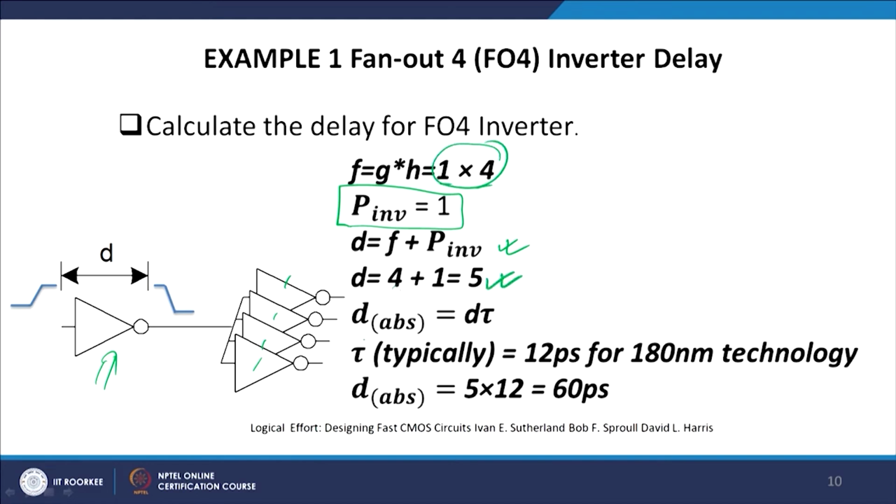D absolute is equal to D into tau, typically as I discussed 12 picoseconds for 180 nanometer. So D absolute is 5 into 12, which is 60 picoseconds. So if I have a single transistor driving 4 similar transistors with fan-out 4, I will get approximately 60 picosecond delay between the input and the output. Let us see an example of a NOR 2 logic.